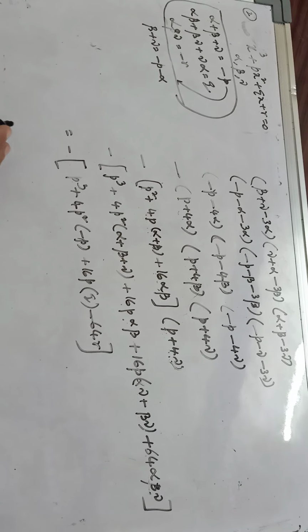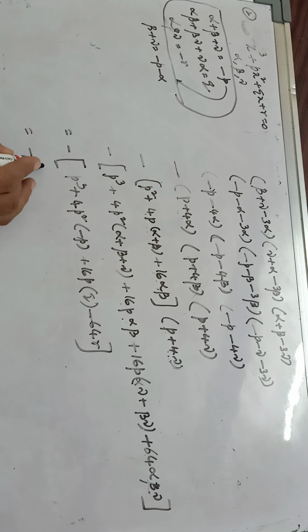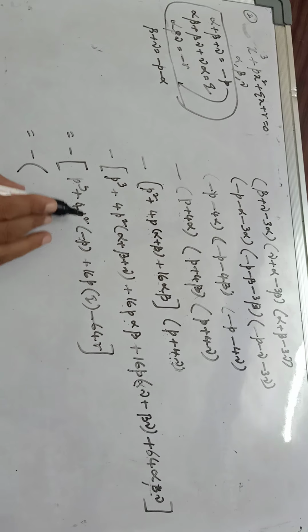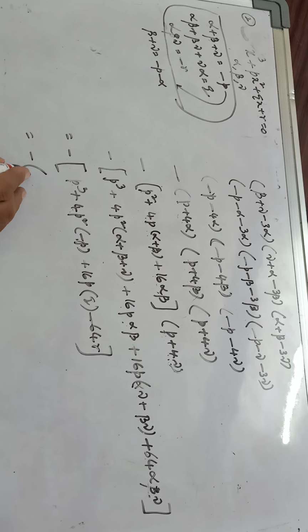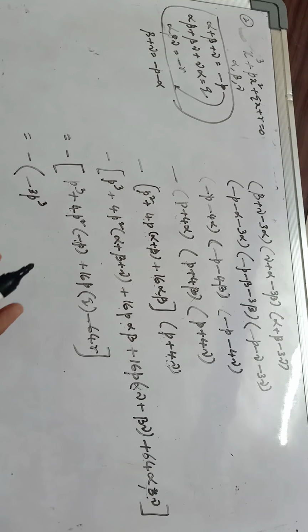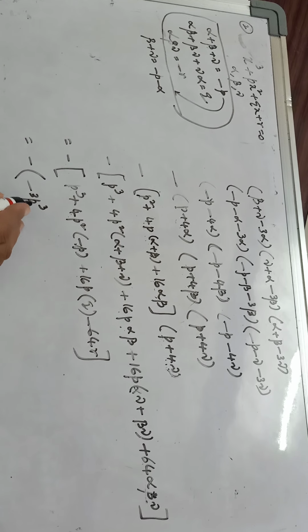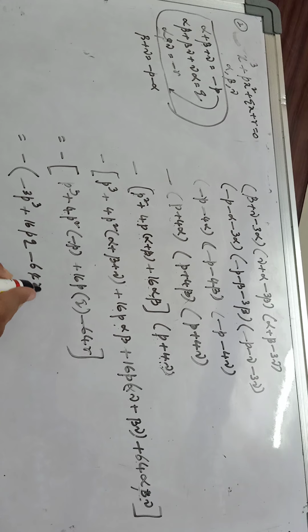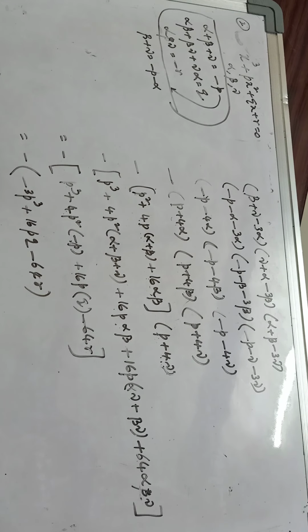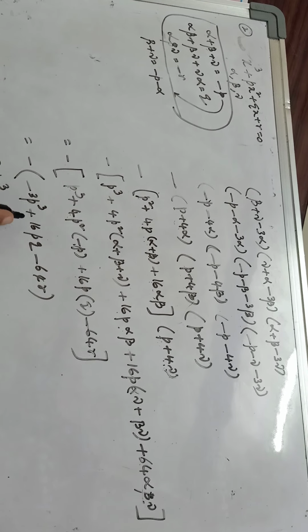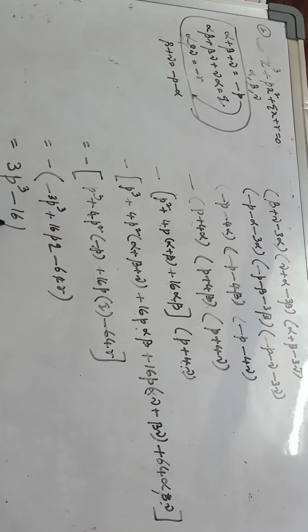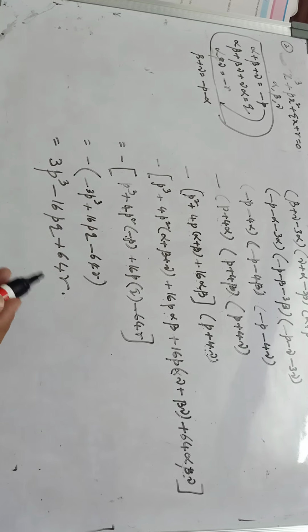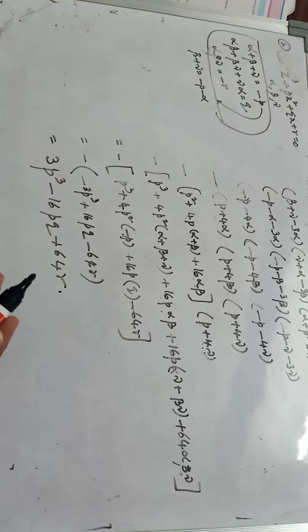So the final answer will be minus of, this is minus 4 cube p cube, p cube minus 4p cube is minus 3p cube, plus 16p q, minus 64r. If you multiply with this minus sign, the final answer will be 3p cube minus 16pq plus 64r. This will be the final answer for this.